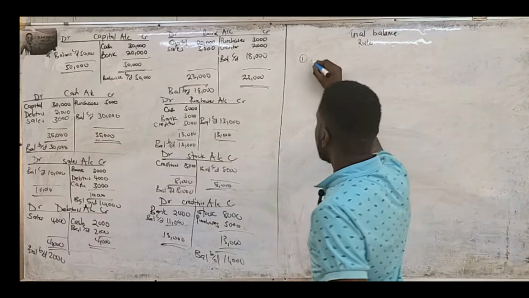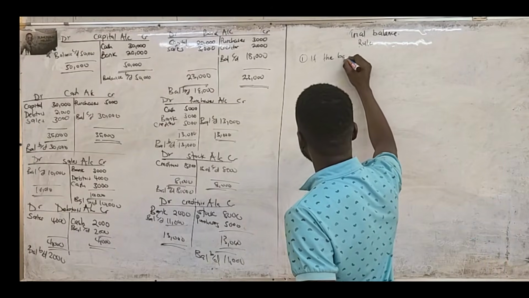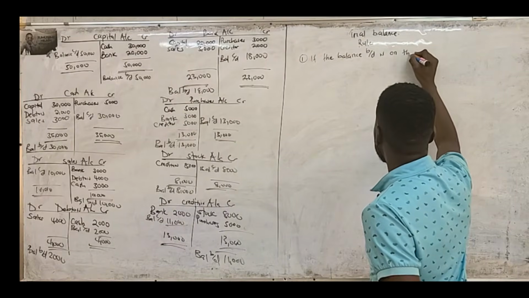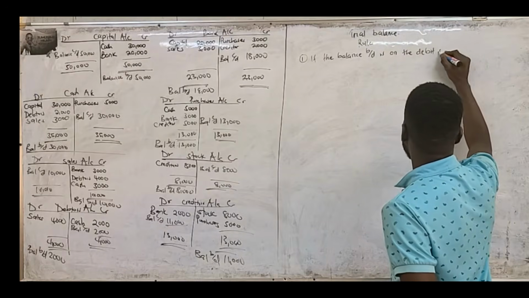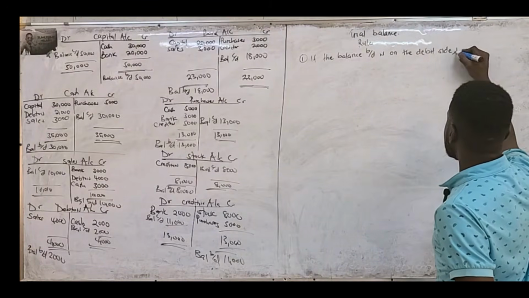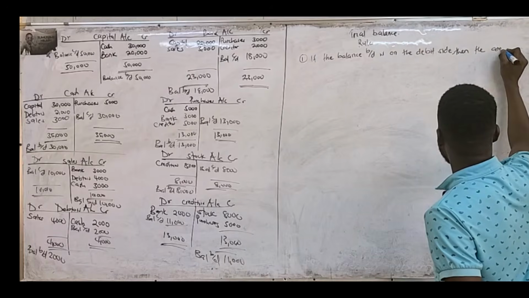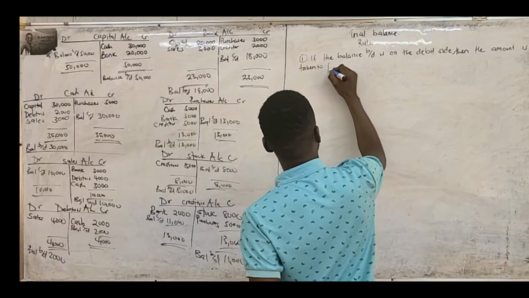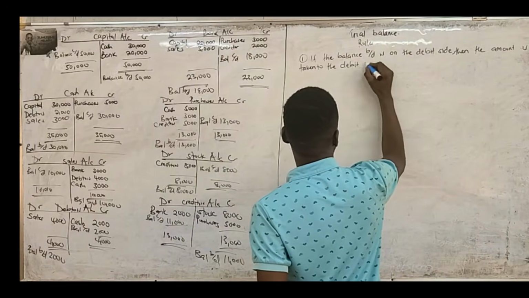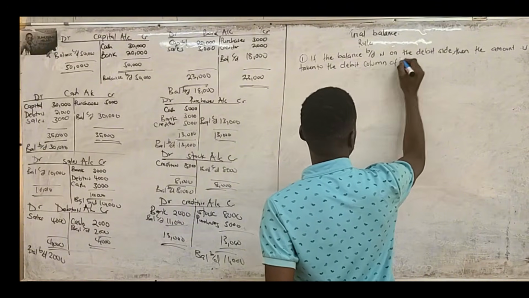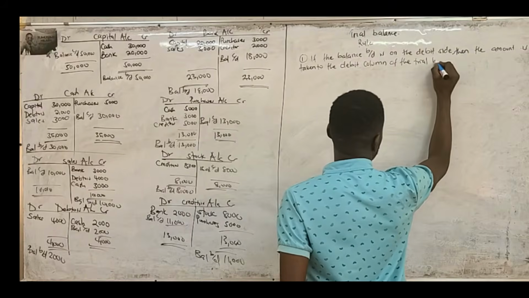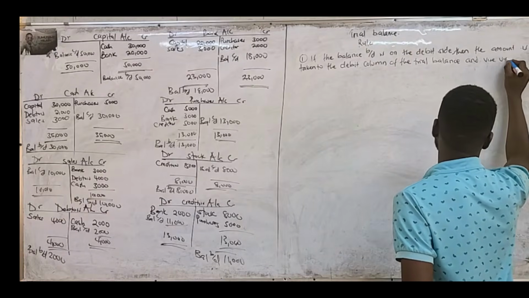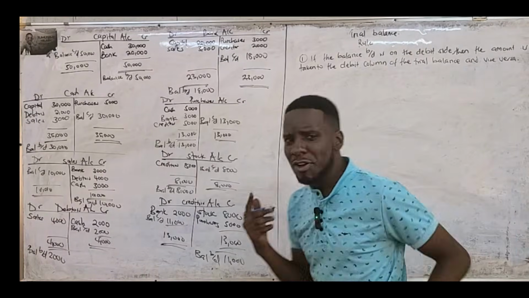If the balance brought down is on the debit side, then the amount is taken to the debit column of the trial balance and vice versa.